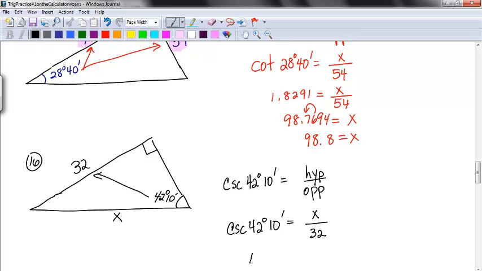And I get 1.4897 equals x divided by 32. So multiply by 32 on both sides.